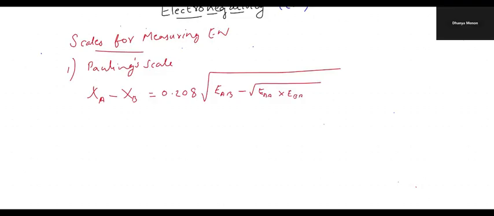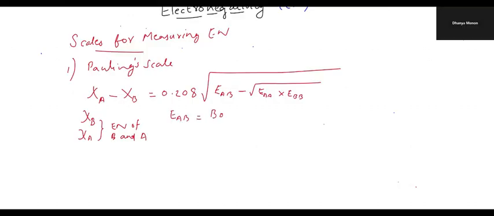Now here, Xi A and Xi B are the electronegativity of A and B. I've written Xi B first, so that's why I'm writing electronegativity of B and A. Now, EAB is the bond energy.